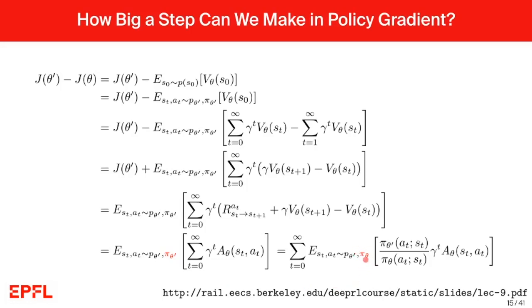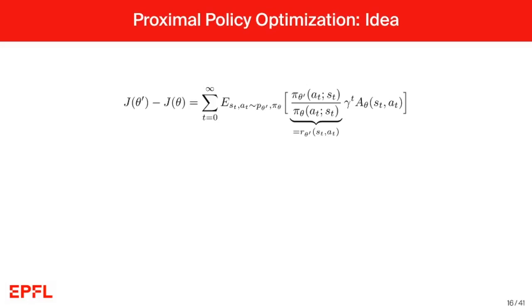Okay, let's move to the main idea of proximal policy optimization. I copied the last line of the previous slide. Still, this difference between the expected value under the new policy minus the expected value under the old policy is given by this expectation here.